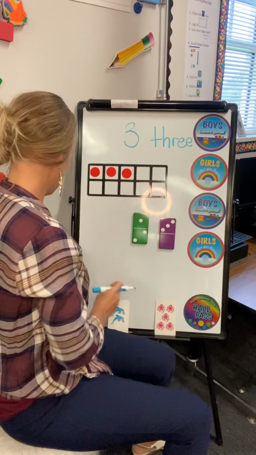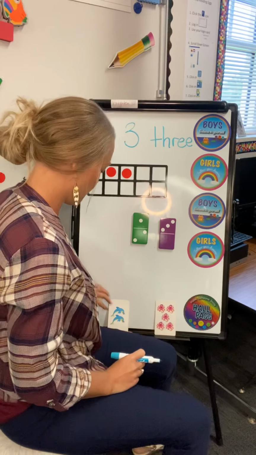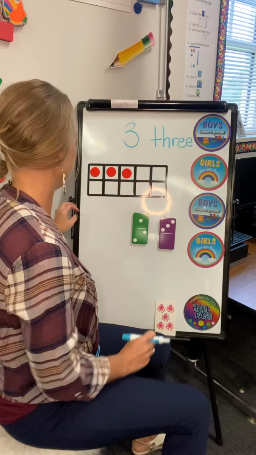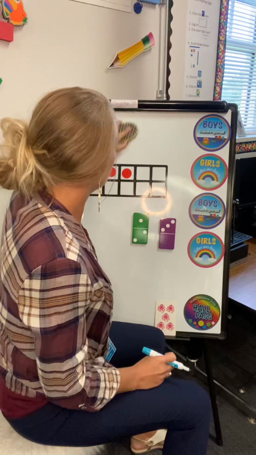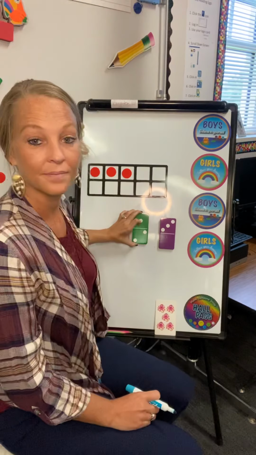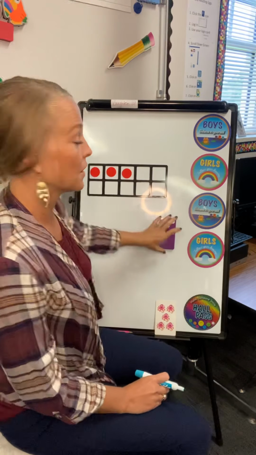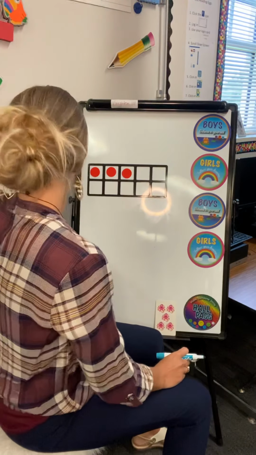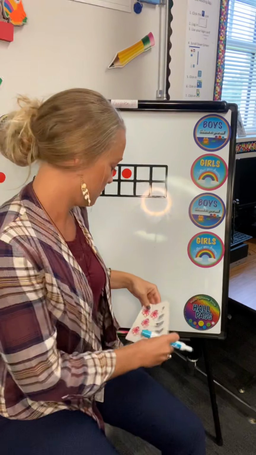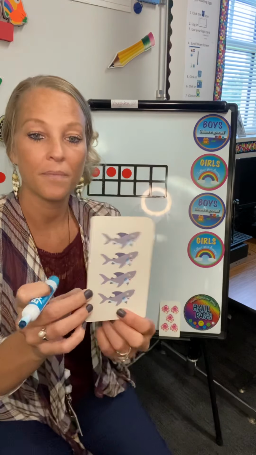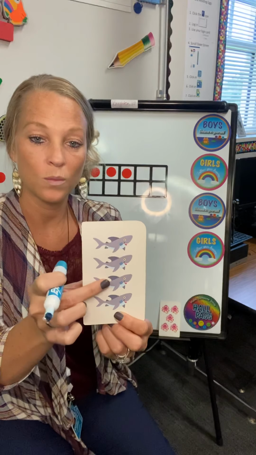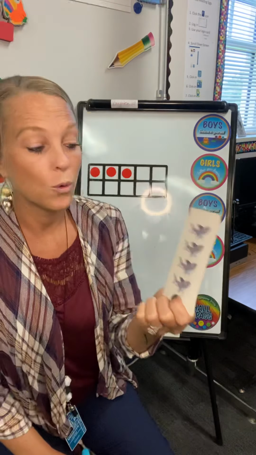And then on Thursday, you are going to practice what comes after 3. That's right, 4. So here is your 4 picture. 1, 2, 3, 4. 4 little sharks are on this picture.